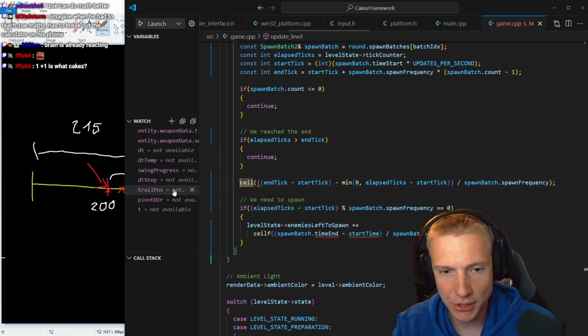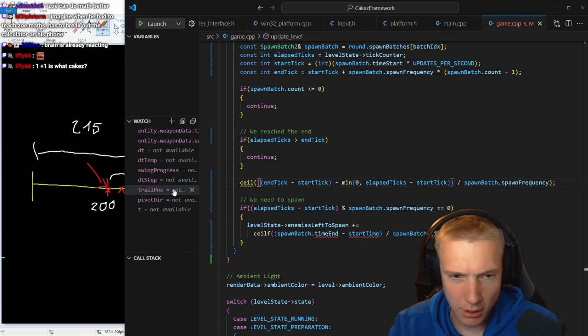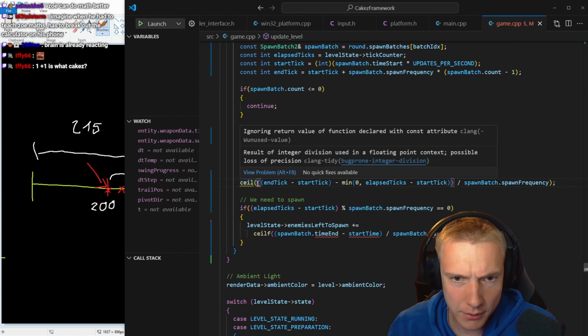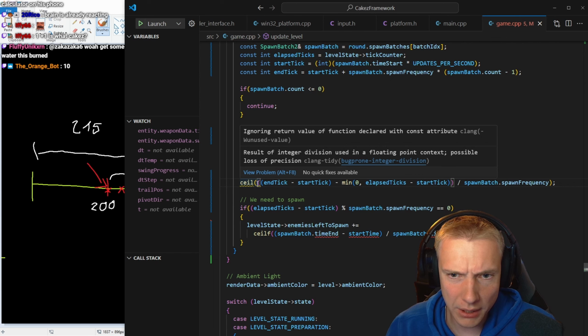That is the enemies left to spawn. What? What's this complaining about here? Ignoring the return value of a function declared with a const attribute.